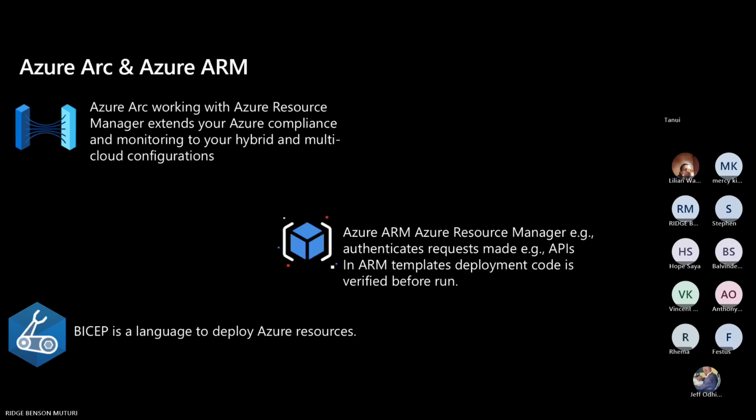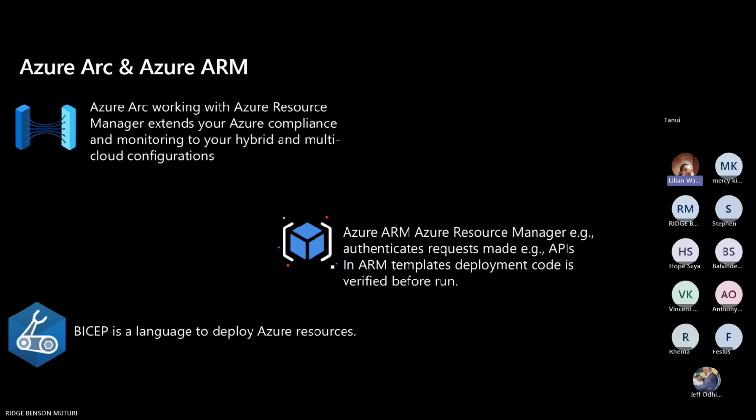In ARM templates, deployment code is verified before running. This basically means that when you deploy code in Azure, before it executes the code, it has to verify the code you are using, to check if it is okay. So these are tools for managing our Azure resources.